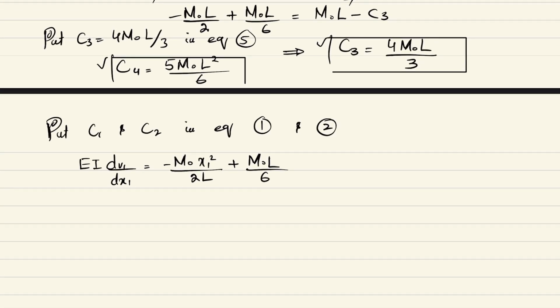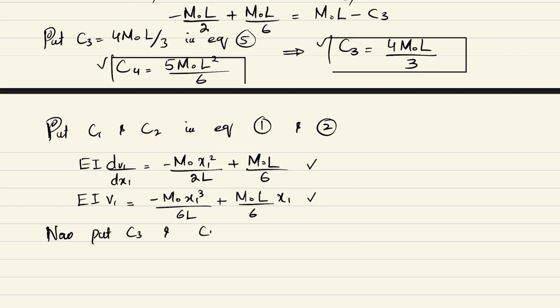So you will get this equation: EI into V1 is equal to minus m naught x1 cube over 6L plus m naught L divided by 6 x1, and C2 is 0. So this is the equation of slope for x1 coordinate, and this is the equation of the elastic curve for coordinate x1.